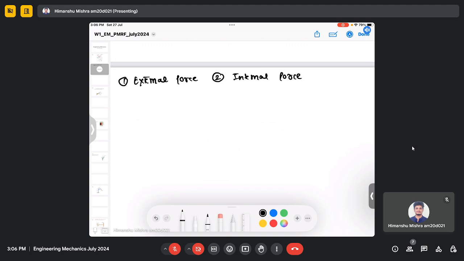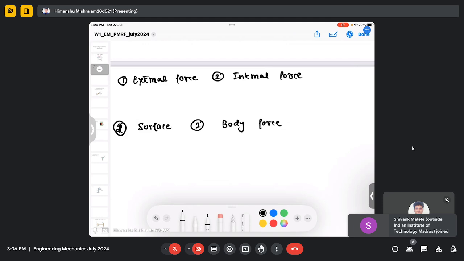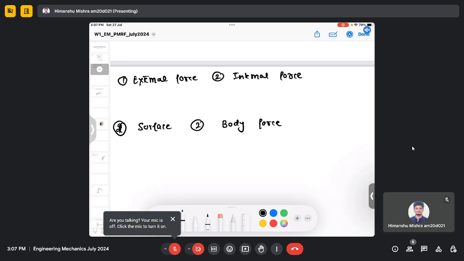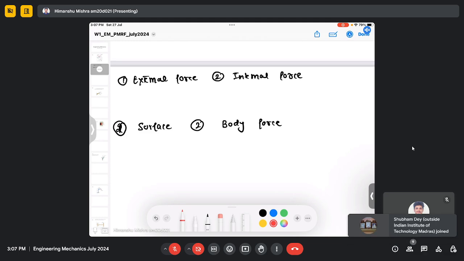We can also classify force on the basis of contact, for example, if it is a surface force or a body force. So before moving into the numerical problem, we will revise some of these basic concepts and the numerical expressions that we are going to use in the problem. So let us first discuss these kinds of forces briefly.